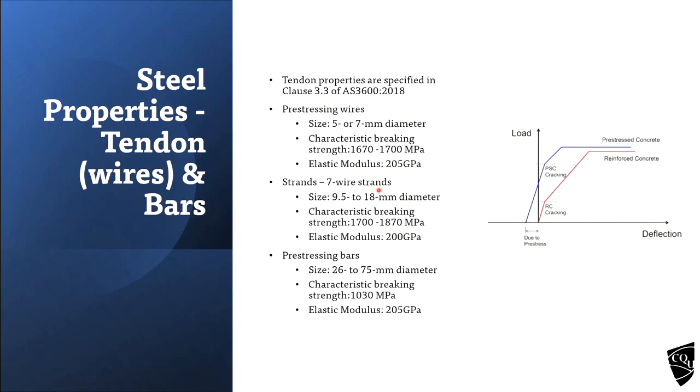The properties are given, and you can see this is the normal reinforced concrete one, and this is the pre-stressed one. The pre-stressed one is much larger. Cracking will occur at a higher load because of the initial pre-stress.